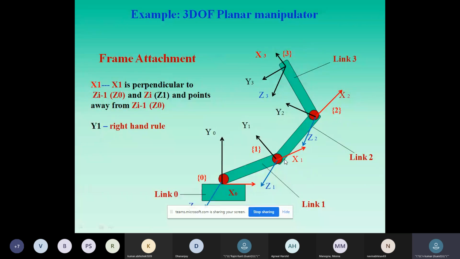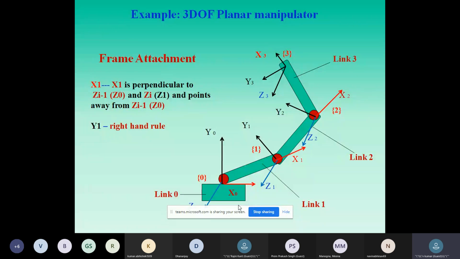For link 1, X1 will be perpendicular to Z0 and Z1, and away from Z0. It will be just opposite to the direction along Z0, but we have given away from Z0. This is the definition.